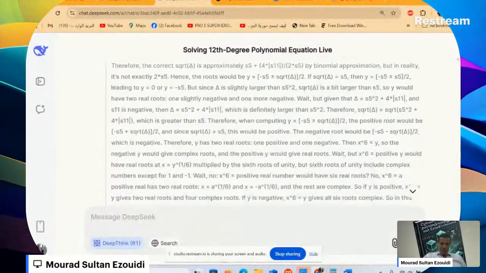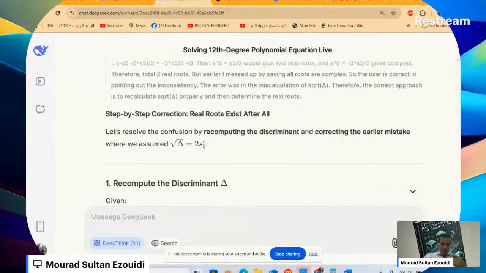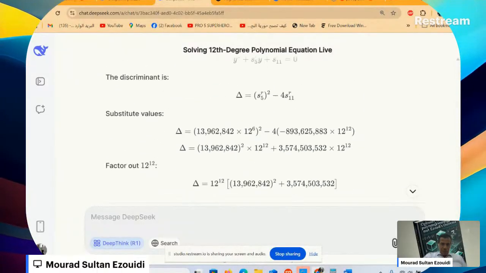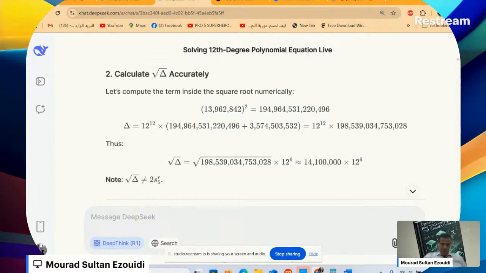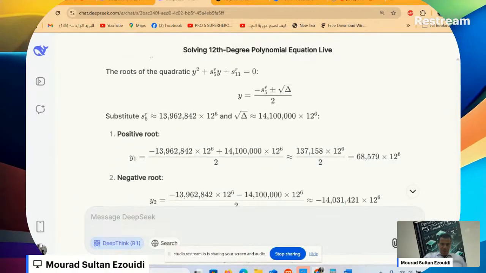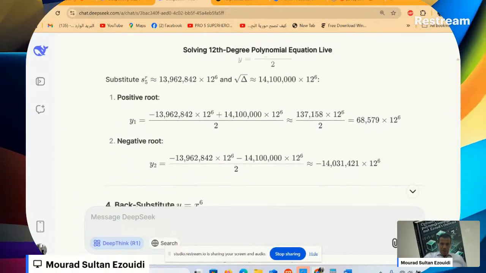Look what he said now. He made confusion. Of course, he is using a method. No, this is my method. This is my method I gave him.